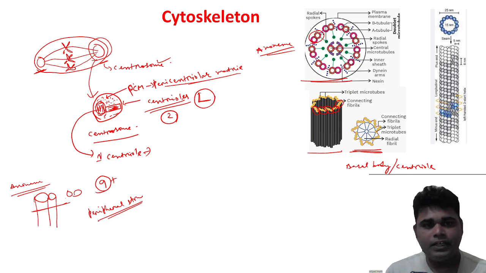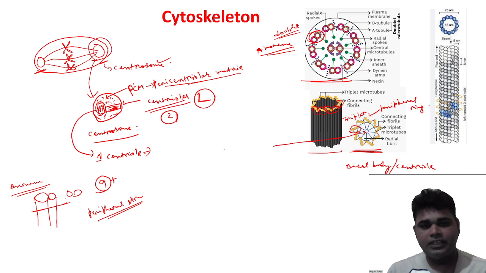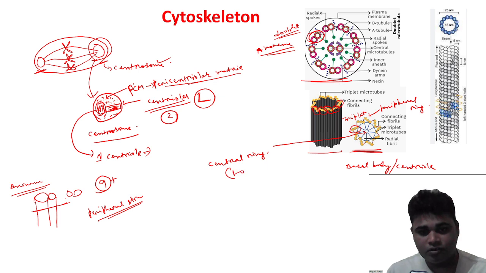The peripheral links in the axoneme are called doublets. That means two ring structures are present, but in the basal body they are triplets. They are present on the peripheral ring, called the peripheral ring structure, and this middle part is called the central ring structure, or central structure, which is also called the hub.